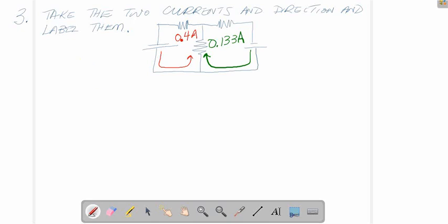As we said, they are both going into the resistor in the same direction. That's important. So as they are both going in the same direction, then we will sum them together to get the total current going through RL.